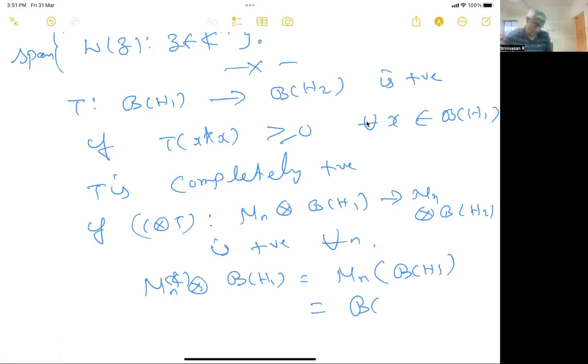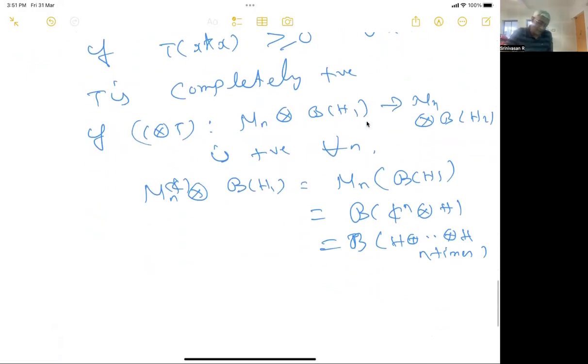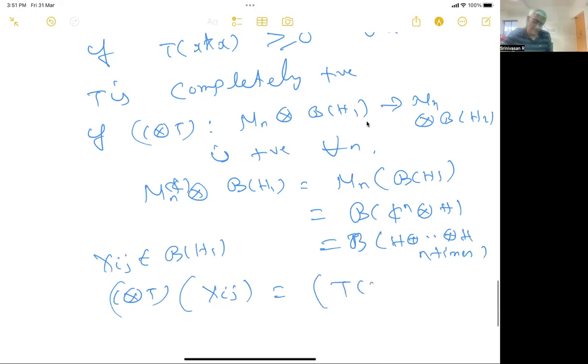which is also equal to B of Cn tensor H, or with all these identifications, H direct sum H, n times. So it is just n cross n matrices with entries there. One tensor T acting on any Xij, where Xij comes from B of H1, is just T of Xij, pointwise.